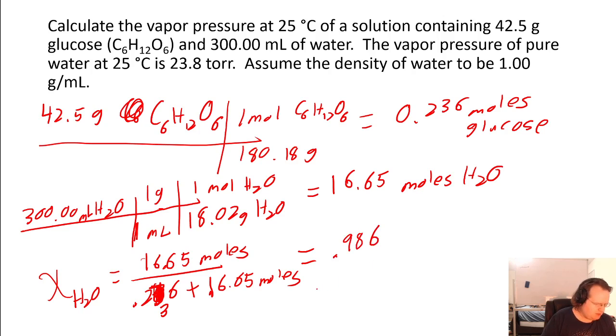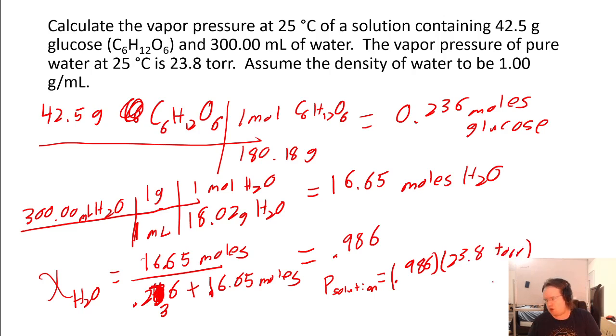Then to finish my problem, I want to know the pressure of the solution, and that's going to be equal to the mole fraction, that's 0.986, times its pure vapor pressure, it's just water, which is 23.8 torr. Notice this problem doesn't give you a specific unit to work in. There's no reason you can't stay in torr. Now, if the answers were a multiple choice question, all the answers are in atmospheres, at the end you would have to convert to atmospheres by dividing by 760.